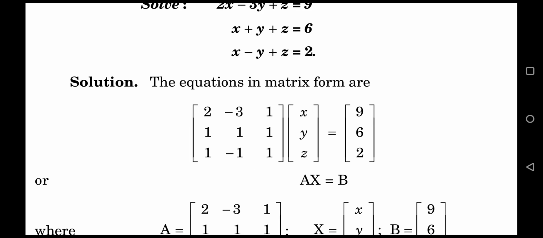And x is the column matrix of unknowns, the number of unknowns is 3, x, y, z. And B is the column matrix 9, 6, 2.